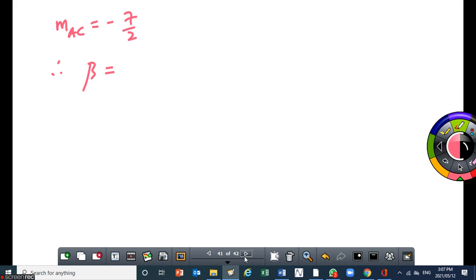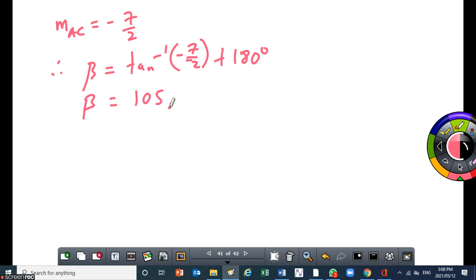So from there, this means beta will be shift tan of minus 7 over 2 plus 180 degrees. What answer do you get? It must be an angle over 90. 105 or 95 degrees.